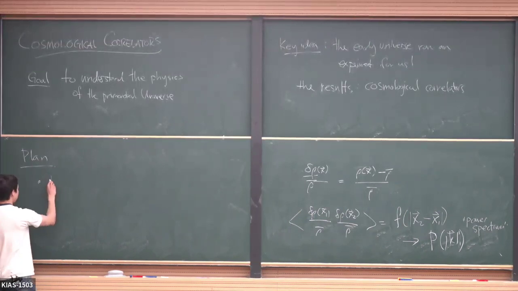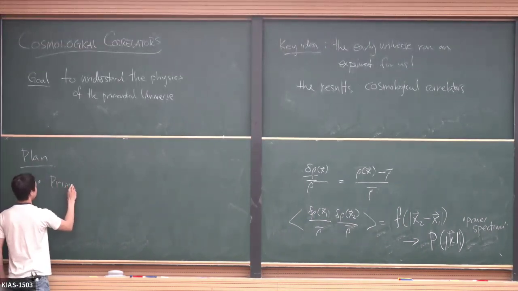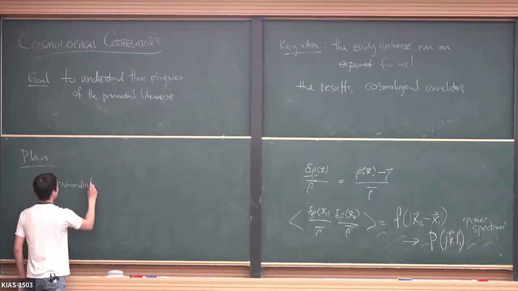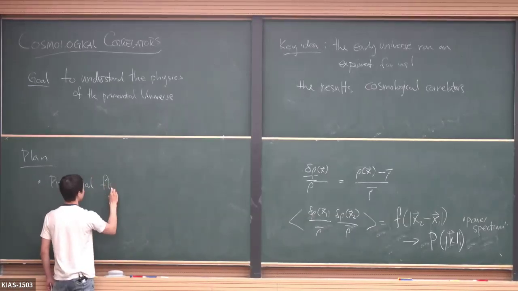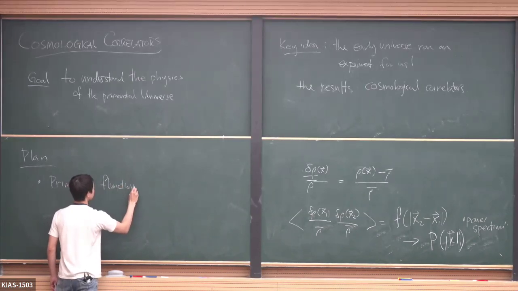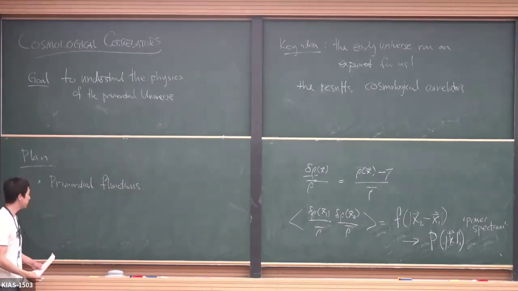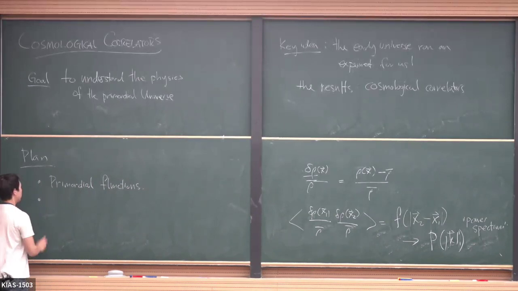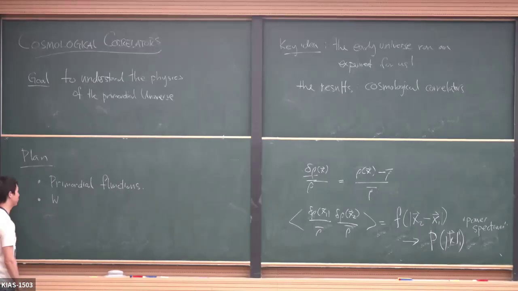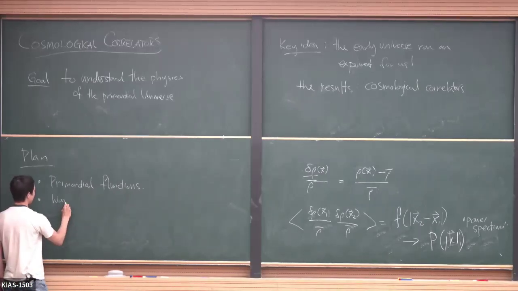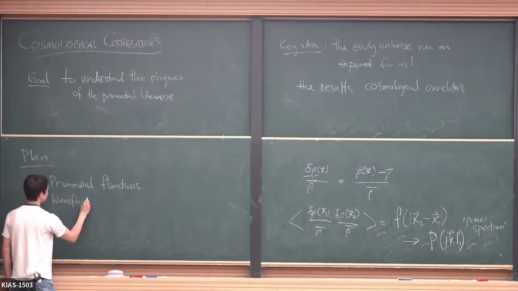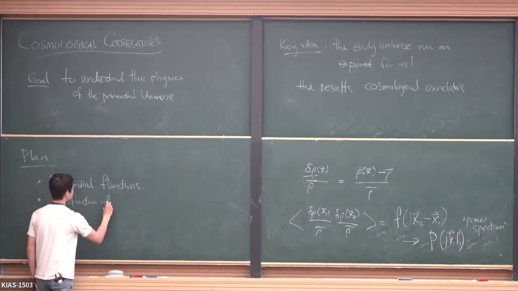The first part of the lecture will be about perturbations that exist in the primordial universe, which we refer to as primordial fluctuations. In tomorrow's lecture, we will be looking at the formalism for computing these correlation functions in the early universe using the so-called wave function of the universe.